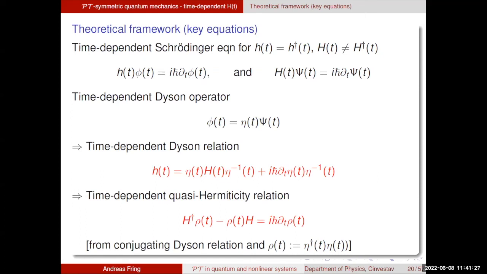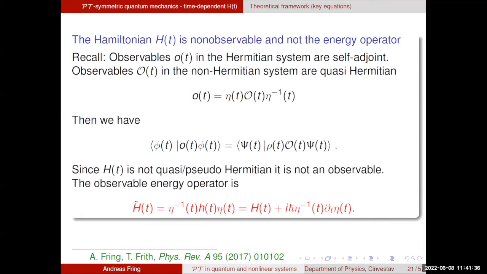So here's the other equation. There was this quasi-Hermiticity relation which conjugates this involving the metric, and there's also a correction. So this is just what I said. The energy operator has to be now redefined. This is now the energy, not this capital H. And that caused a bit of controversy, but most people accept this now.